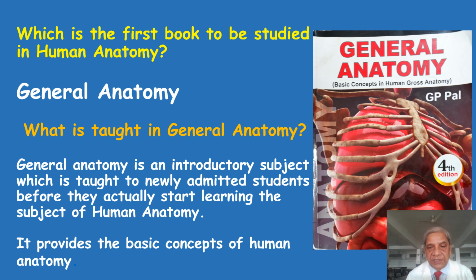Otherwise it will be really difficult for you to understand the anatomy which you are going to learn. That means general anatomy will provide you the basic concept of human anatomy. It is just the beginning and the introduction: how anatomy is to be studied, what structures in anatomy are to be studied, and how they are studied, is dealt with in this general anatomy book.